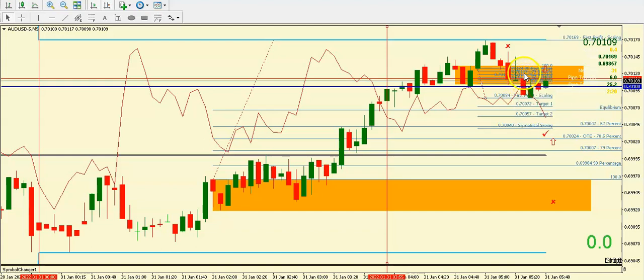So now we finally peaked above here. I believe it's coming to the middle or all the way to this one here, or the mean threshold of these two candles. But ideally, I would like it to come to the consequent encroachment over the fair value of that, even if you ignore this one here, which I believe my arrow should be underneath, should be in the sell side area of that.